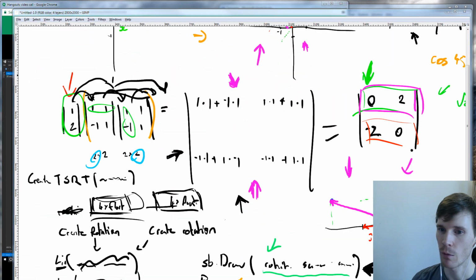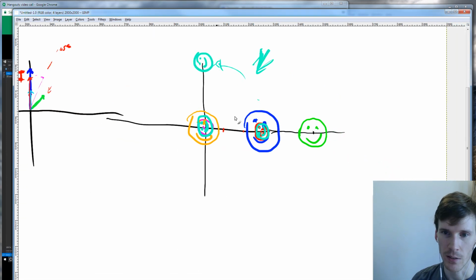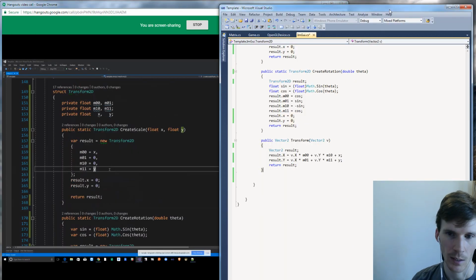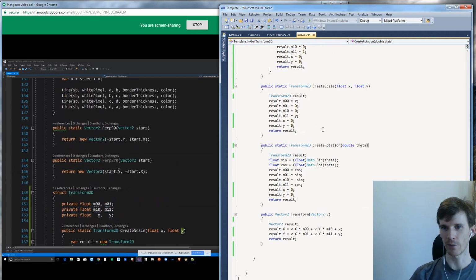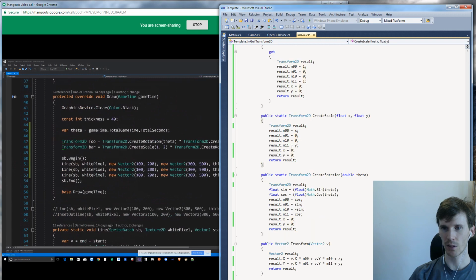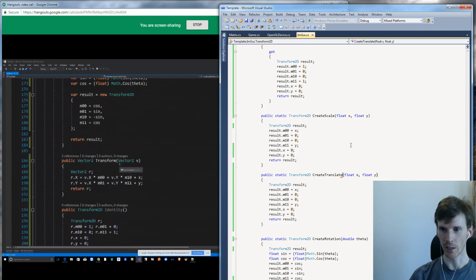So good. What we want to do is try this business here and see, if we apply these to our lines, do we get the result we expect? Right, we need to make one more of these things. So we'll copy scale and turn that into create translate.